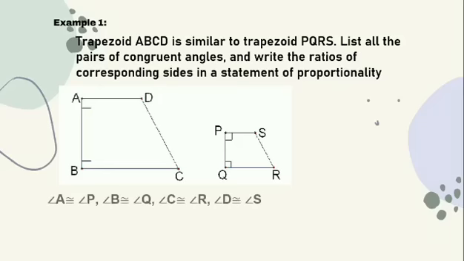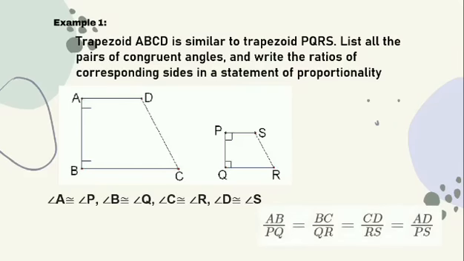So angle A is congruent to angle P, angle B is congruent to angle Q, angle C is congruent to angle R, and angle D is congruent to angle S. Side AB corresponds to side PQ, side BC corresponds to side QR, side CD corresponds to side RS, and side AD corresponds to side PS.